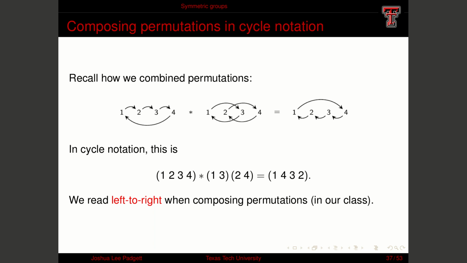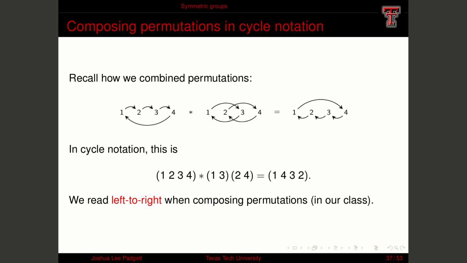So once again, we have 1 going to 2, and then 2 going to 4, so I have 1 going to 4. Then 2 going to 3, and 3 going to 1, so 2 wraps around to 1. This sends 3 to 4, this sends 4 to 2, so I have 3 going to 2.